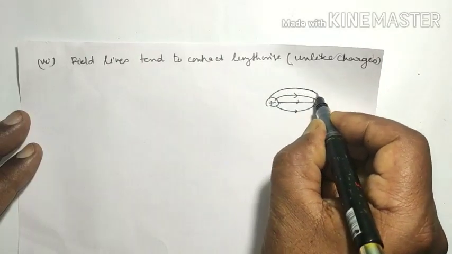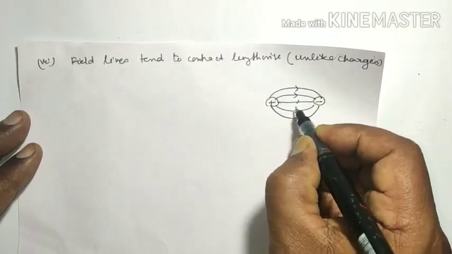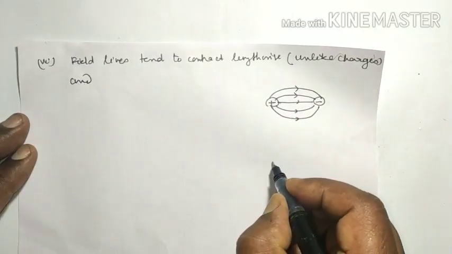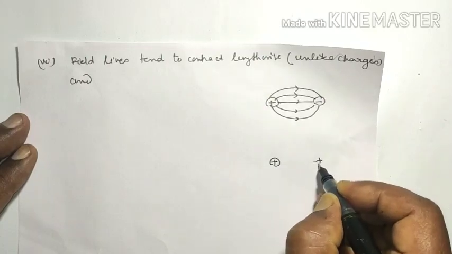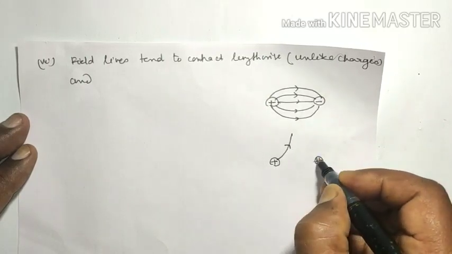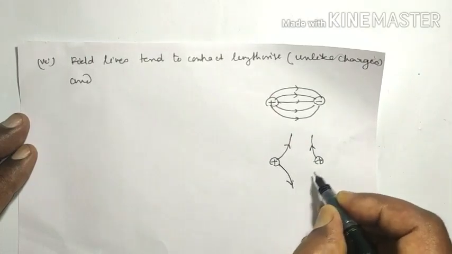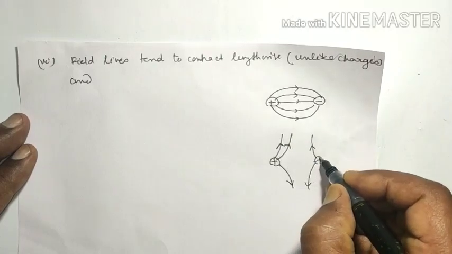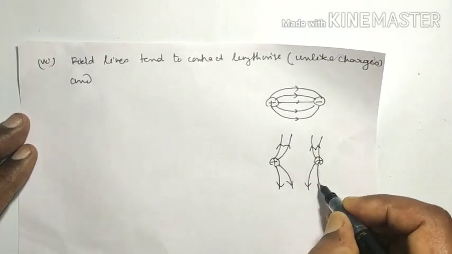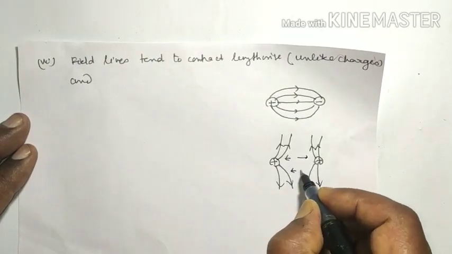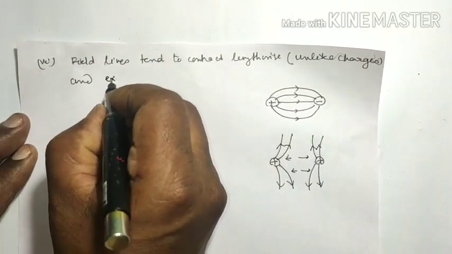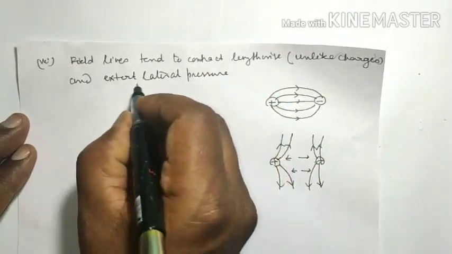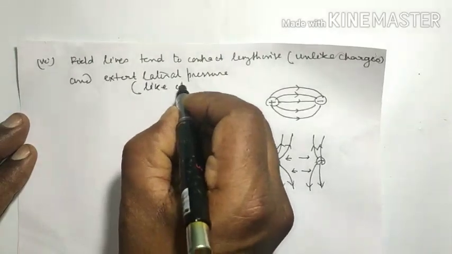So these field lines tend to contract lengthwise. And in case of two like charges, they tend to exert lateral pressure, like this. These two lines exert lateral pressure. This is in case of like charges.